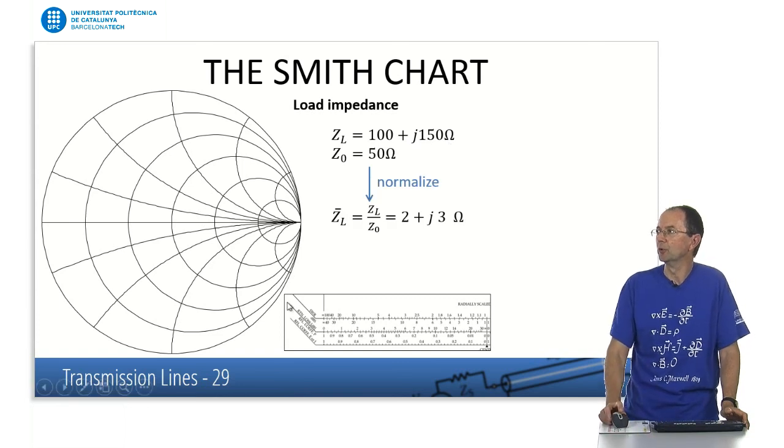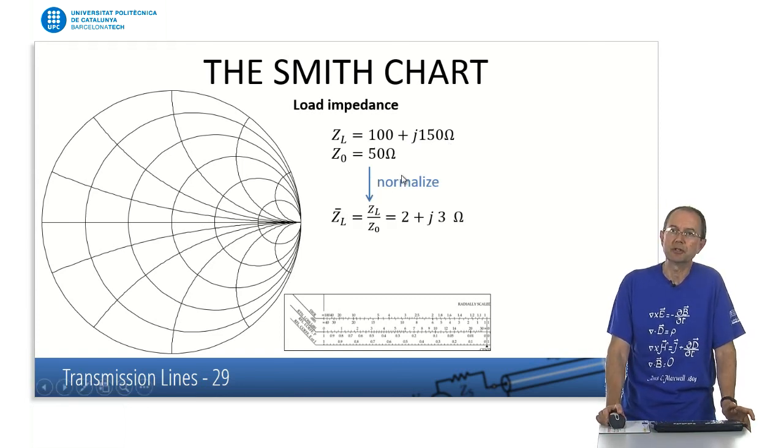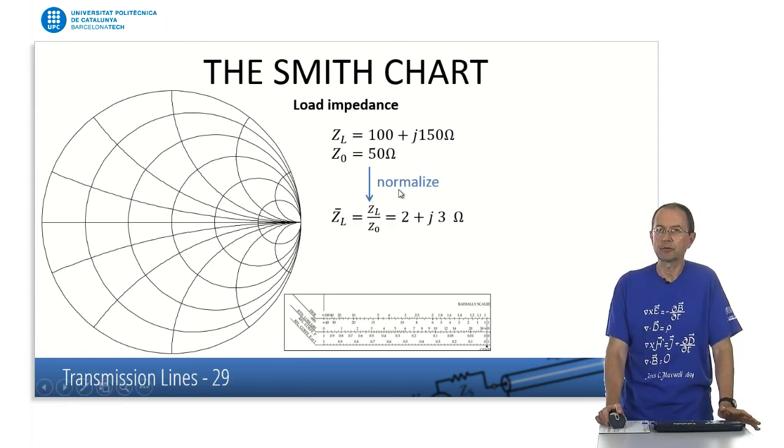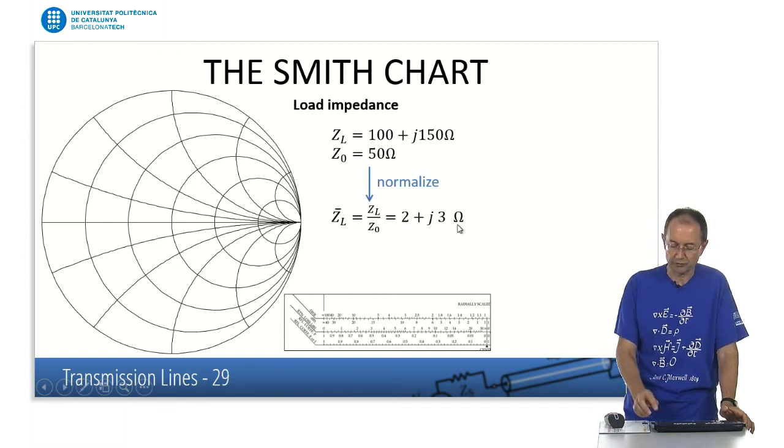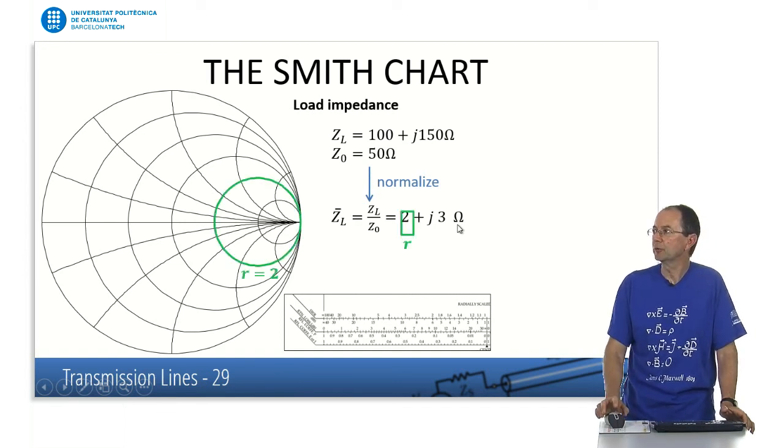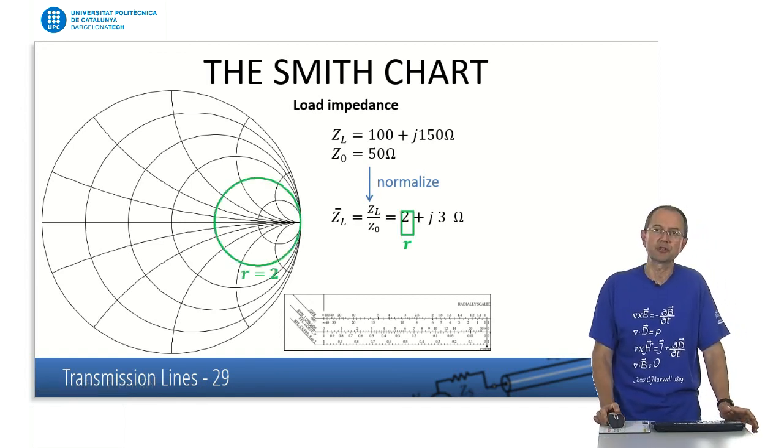Now, we want to represent this impedance in the Smith chart. The first thing we have to do is to normalize the impedance. So if our transmission line reference is 50 ohm, we normalize the load impedance with respect to this 50 ohm parameter, and we get this new normalized impedance. Now, we have to represent this point in the Smith chart.